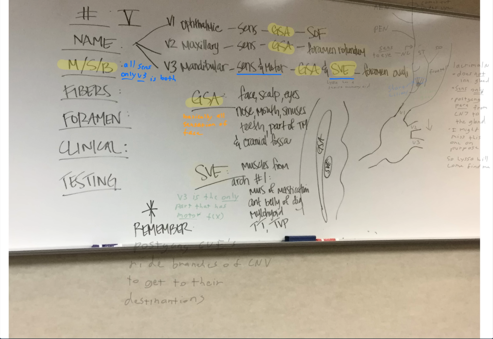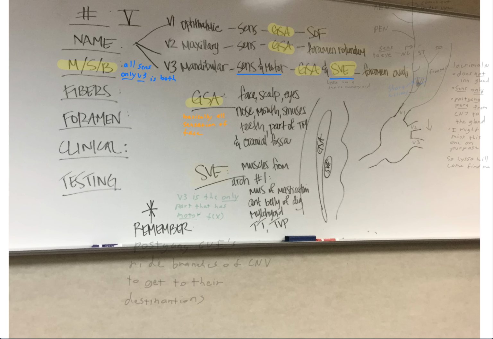Just like 5 does the sensation of the face, motor of the face is cranial nerve 7. So you can knock out the entire cranial nerve 7, and you can't move your face at all on that side, but you can feel everything.